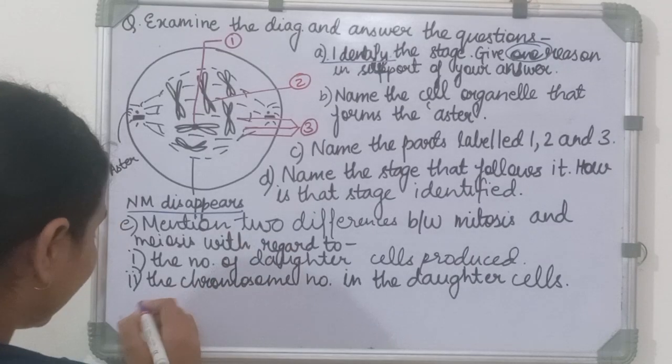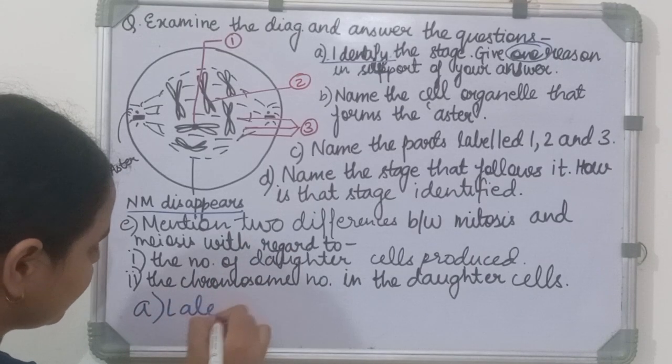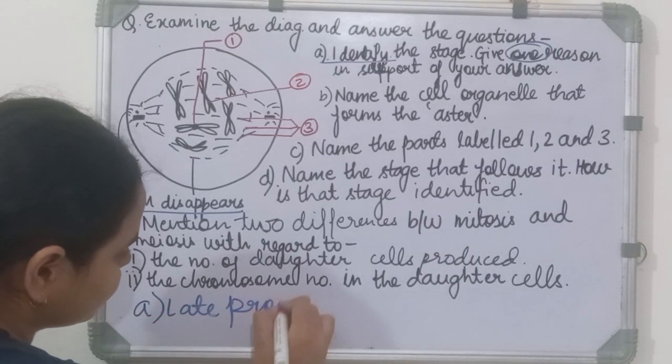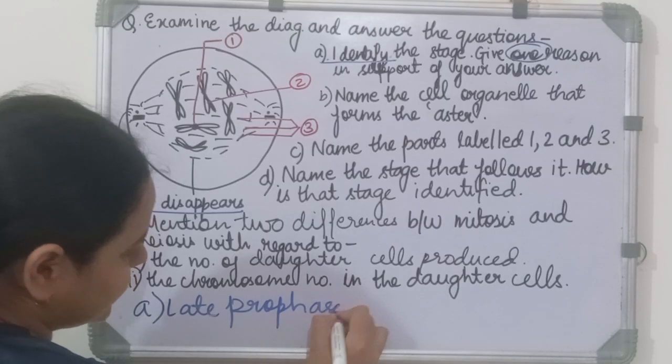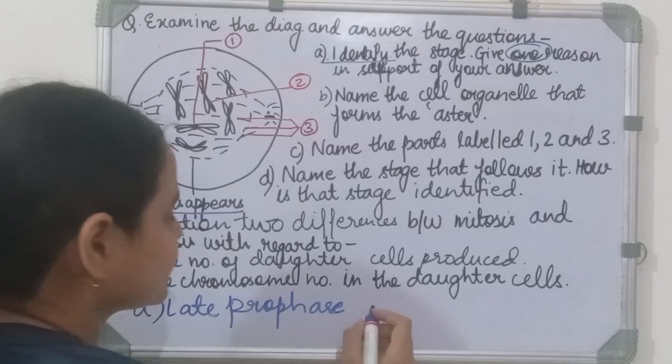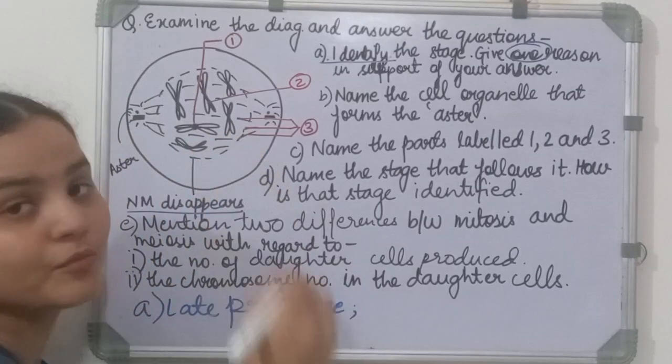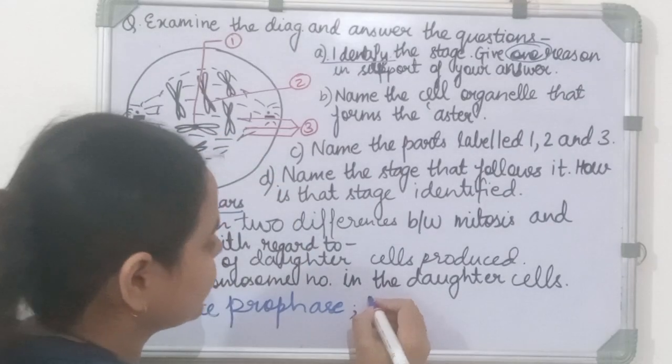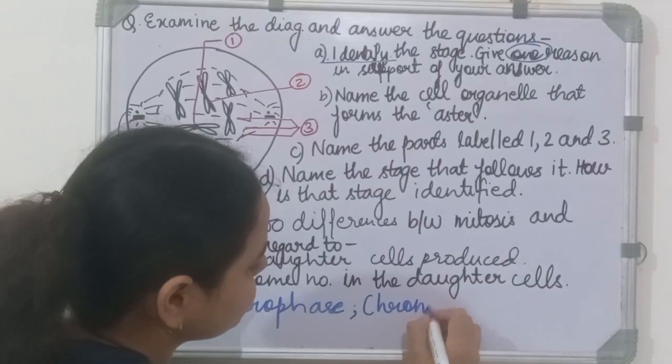So let's write the answer. It is late prophase stage. Now we have to give one reason. So we may write this, chromosomes have become distinct.